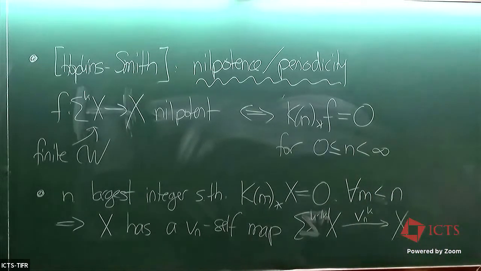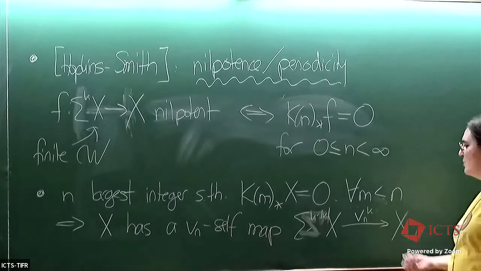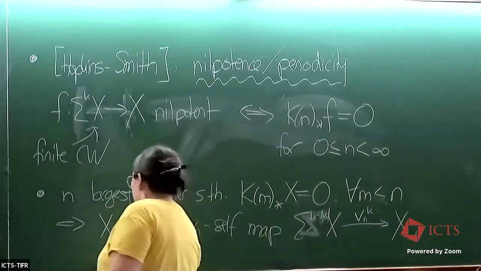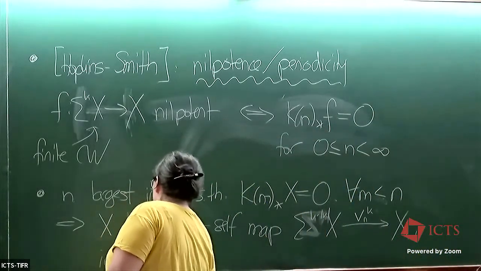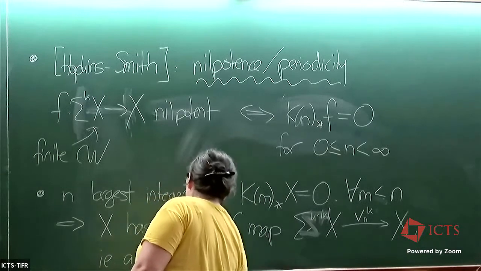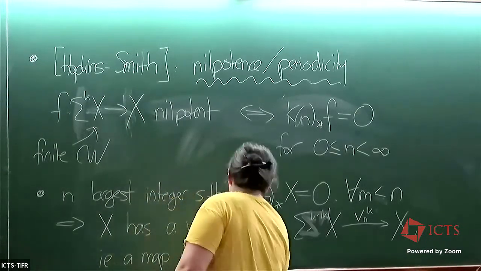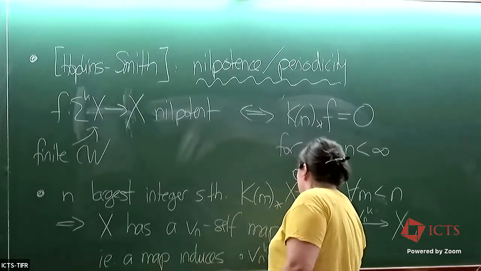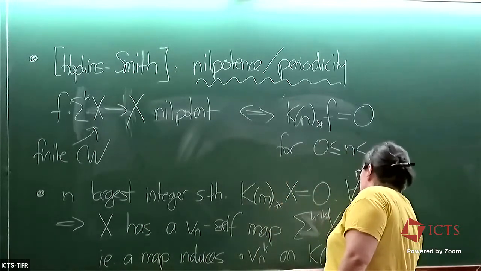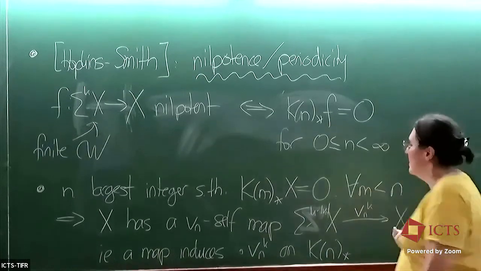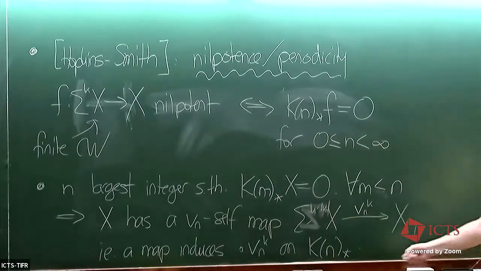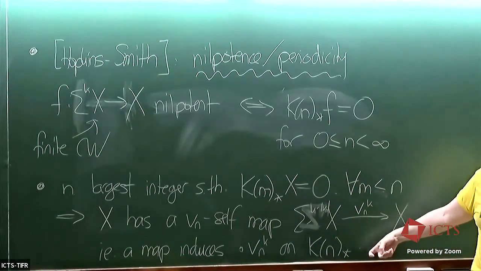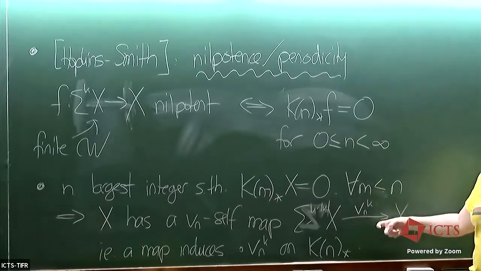A Vn self map, which means that it is a map that induces multiplication with the power of Vn on the Kn star homology of X. And as that is an isomorphism, in particular, that means that this map can never die.